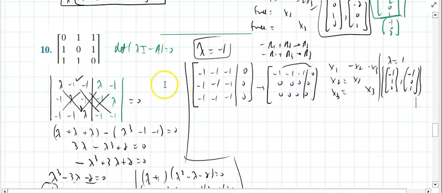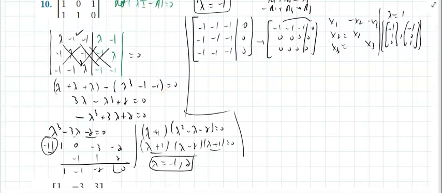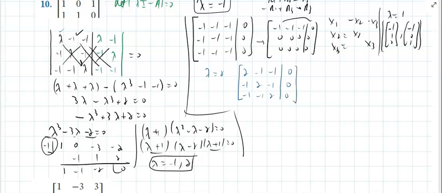Now, for lambda equal 2, if I put a 2 there, I'm looking at 2, -1, -1, 0, -1, 2, -1, 0, and -1, -1, 2, 0.